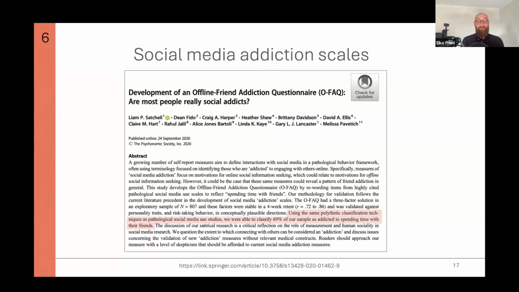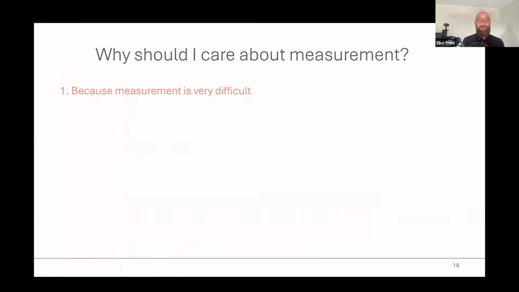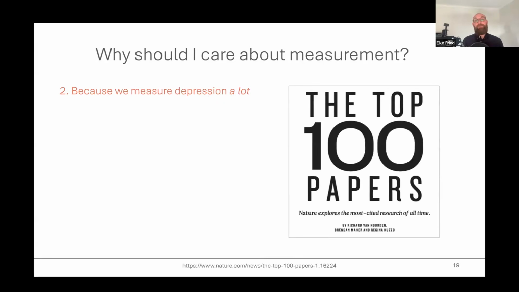So yeah, you should care about measurement because measurement is really difficult, not only in the true sciences, physics, and so on, but also particularly in psychology, where we try to assess internal states of folks. And you should care about depression measurement, no matter if you work with it or not, because it is, I think, the most commonly assessed construct in all of the sciences ever, not just social and clinical sciences.